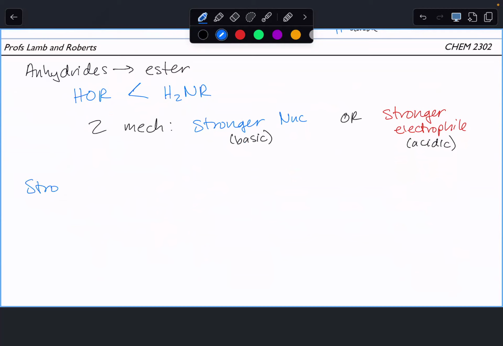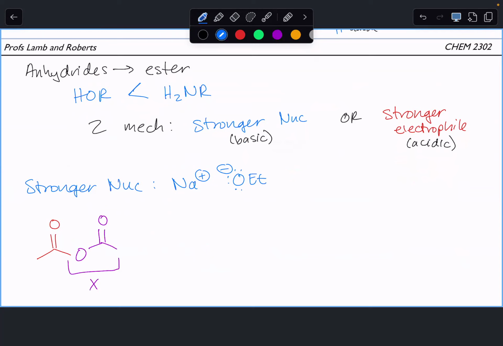So our stronger nucleophile would be to use an alkoxide as your nucleophile, right? So an actually negatively charged oxygen instead of a neutral oxygen. So our overall reaction here, again, you have your anhydride.